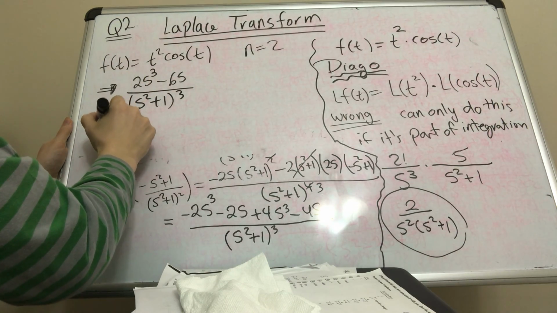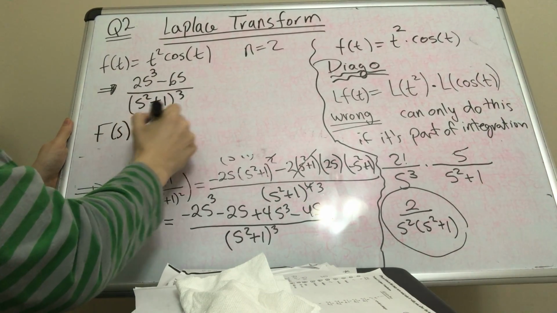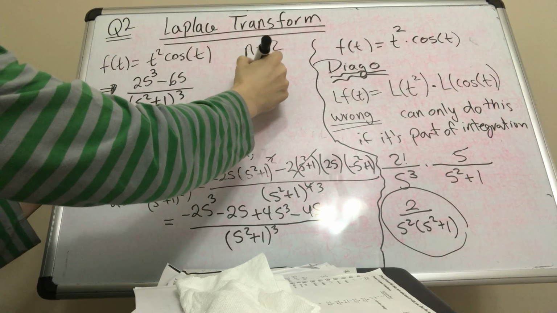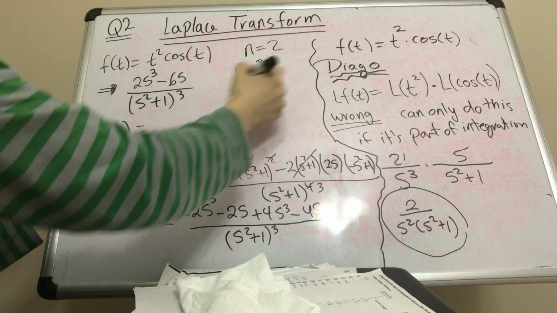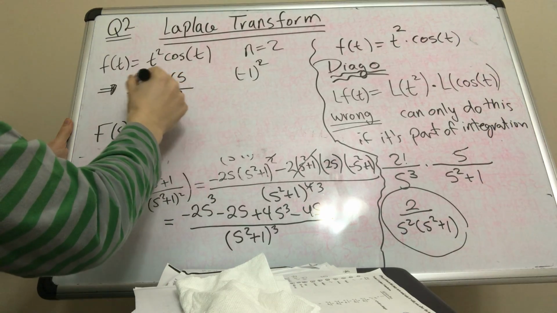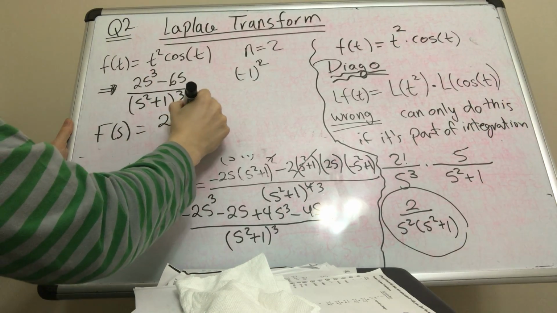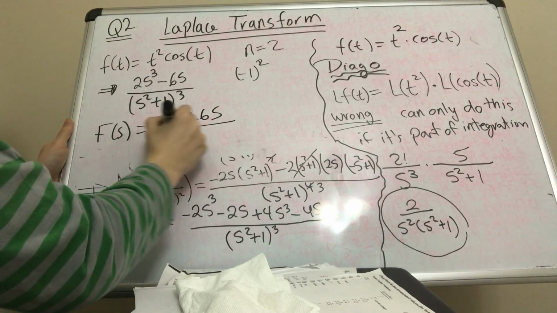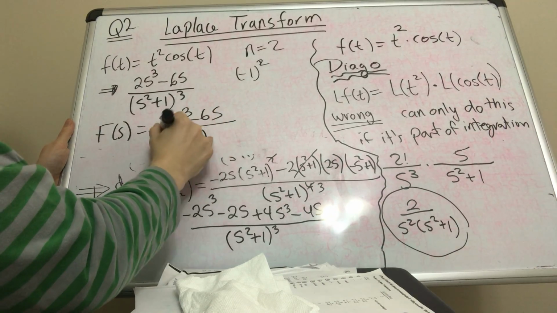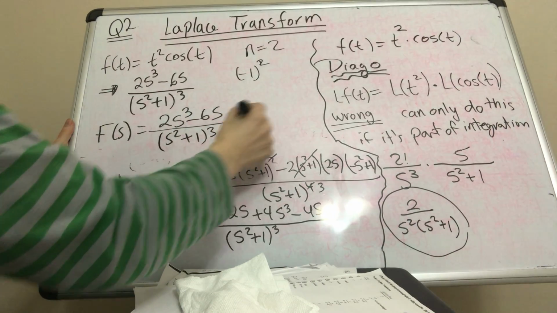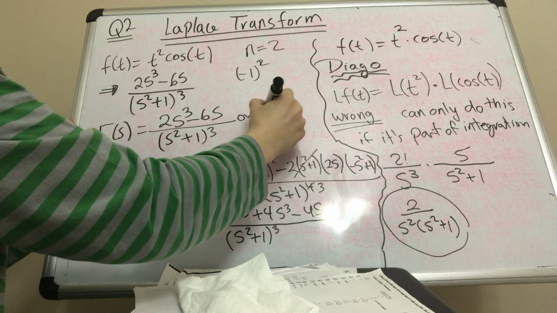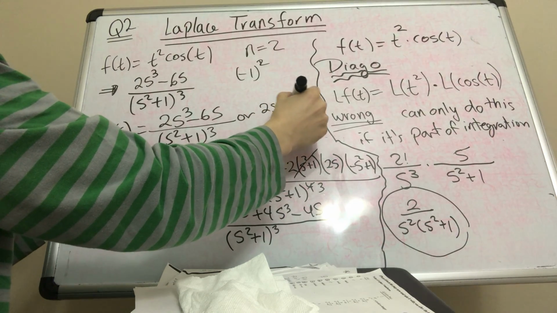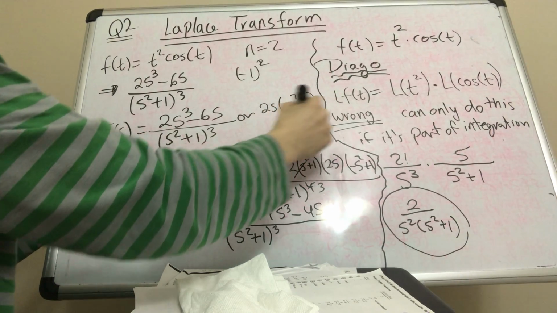So the transformation, remember, the sign is positive, so it's not going to matter, and this is the second derivative. Or you can take 2s as a common factor. That leaves you with s squared minus 3.